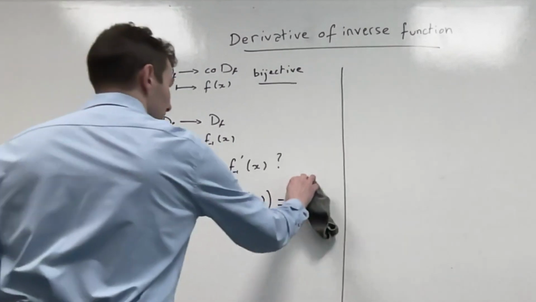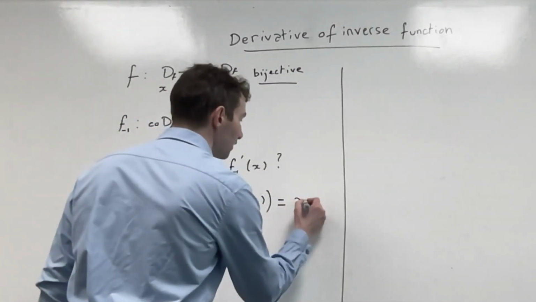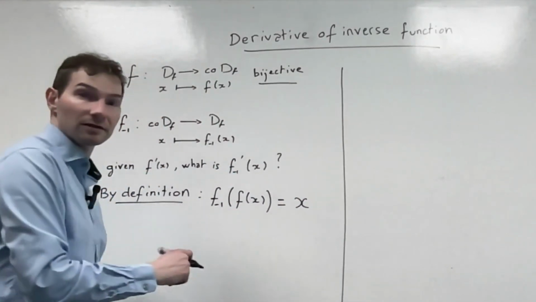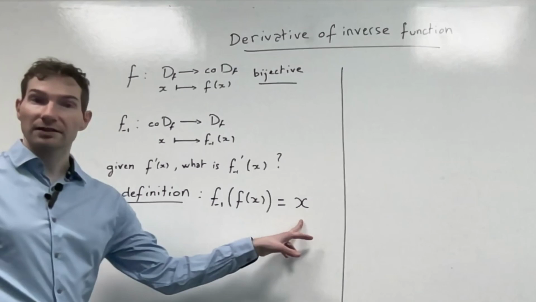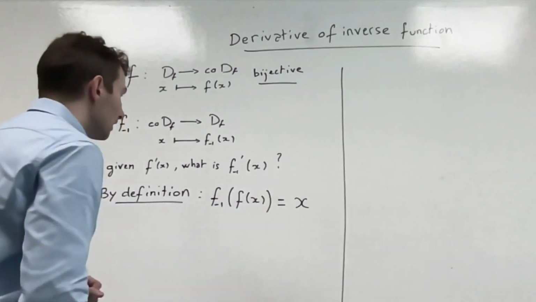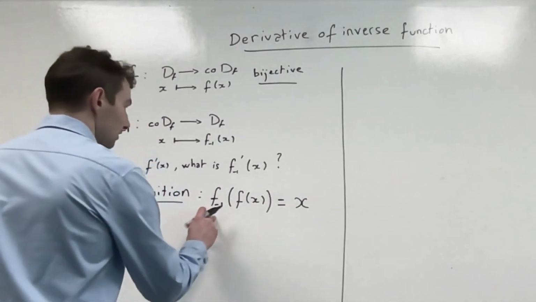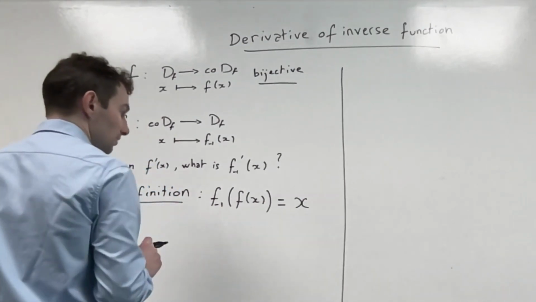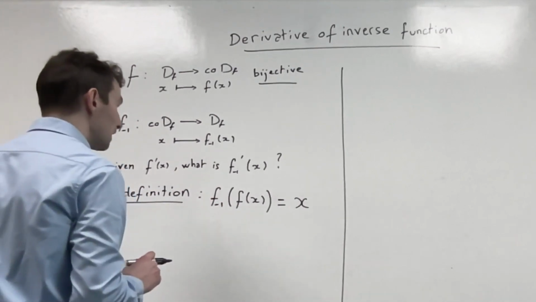It has to be equal to x, because that's the definition of an inverse. If you apply the inverse onto the function itself, then it has to return x. It cancels out what the function f is doing.